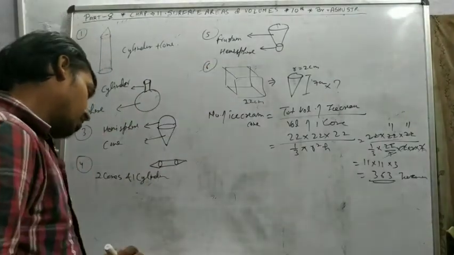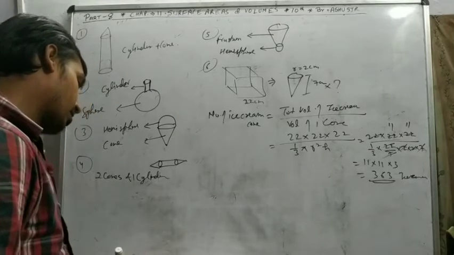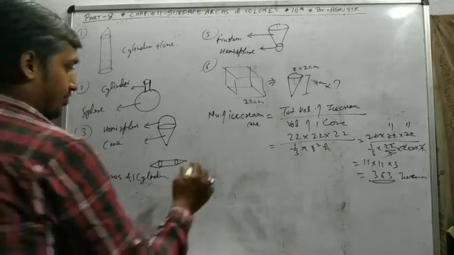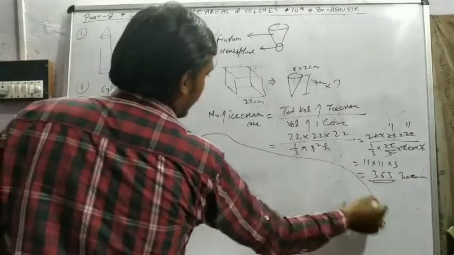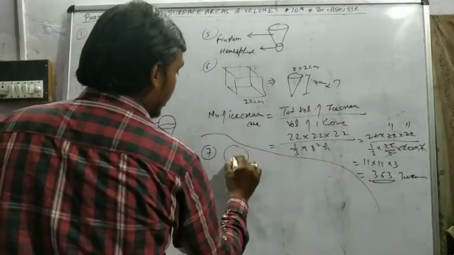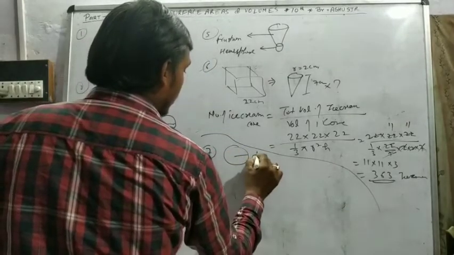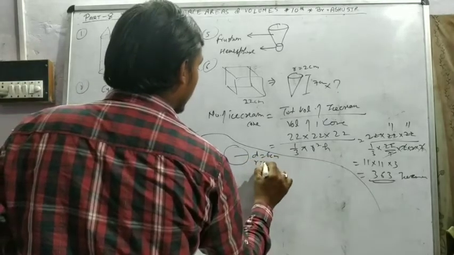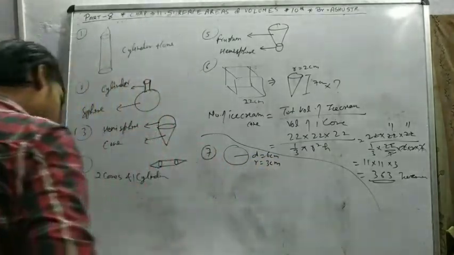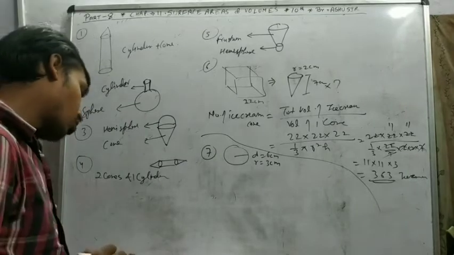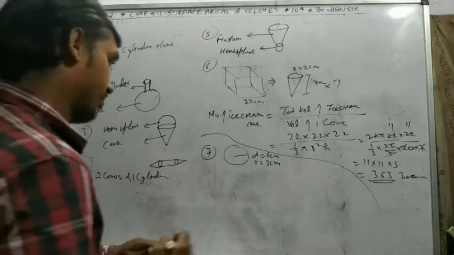Question 7. The diameter of the sphere is 6 cm. It is melted and drawn into a wire of diameter 2 mm.